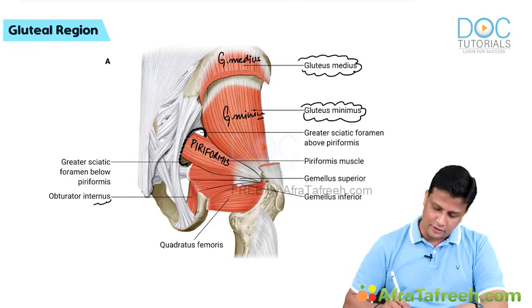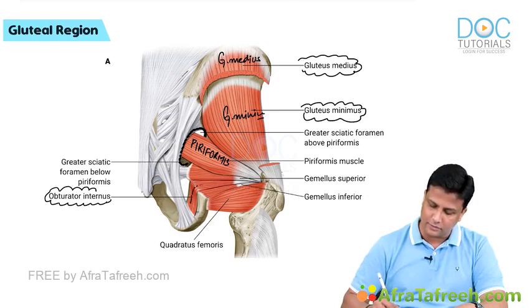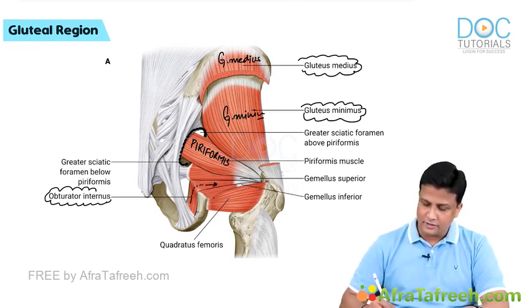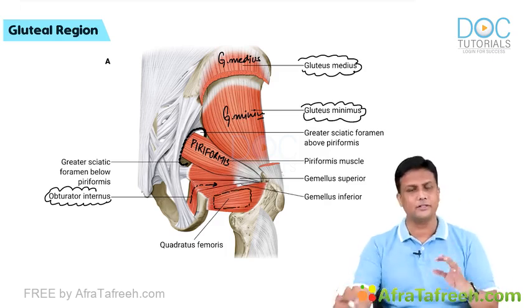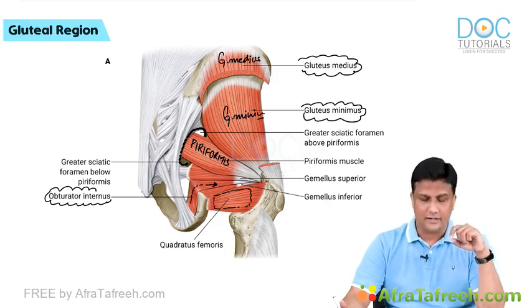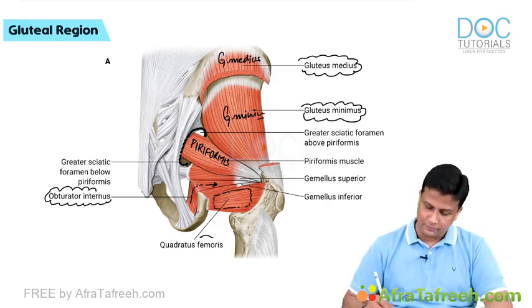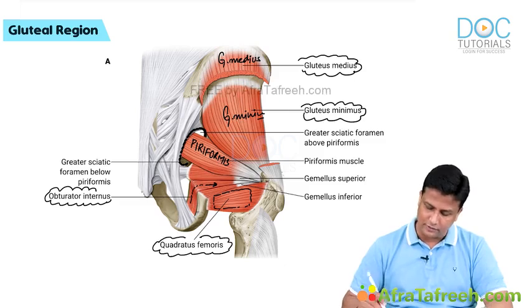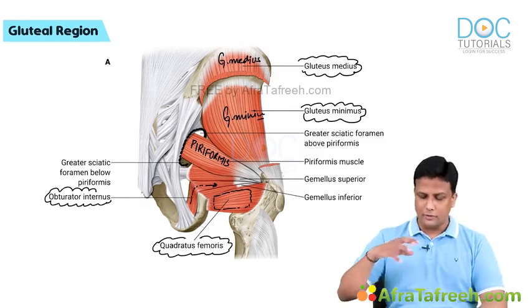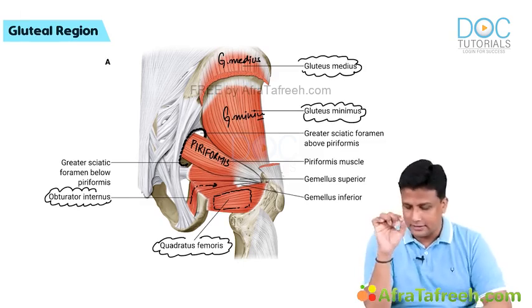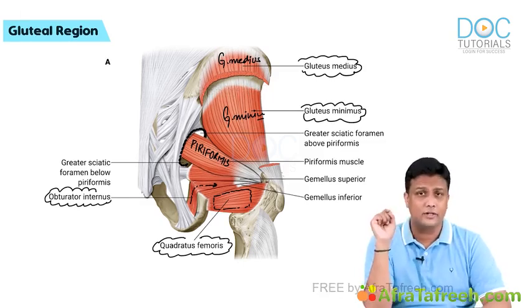Now I hope you are able to appreciate one muscle coming from here. This one here will be the obturator internus muscle. And then this muscle which is rectangle shaped over here, whenever you have a rectangle shape, that is nothing but quadratus, a quadrangular muscle, the quadratus femoris muscle here. You are able to clearly see the obturator internus muscle coming from the obturator foramen side, and then there is a rectangle shaped muscle, the quadratus femoris muscle.